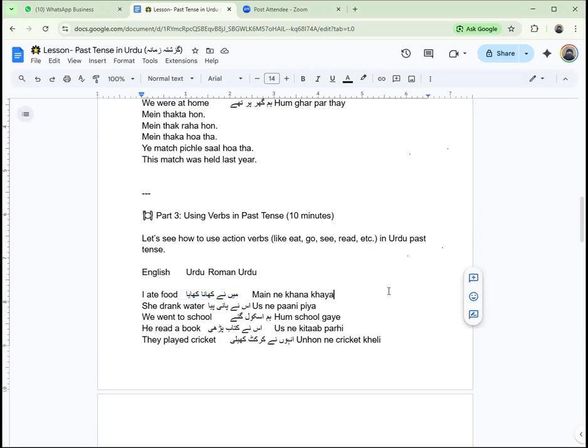When our root word or action verb ends on ya, like khaya here. Khaya. And in the next example, she drank water. उसने पानी पिया. Piya again ends on ya.